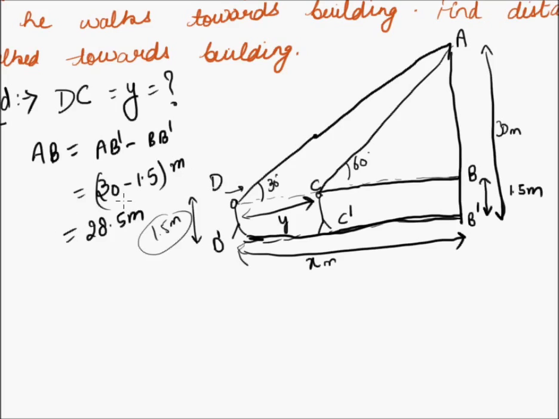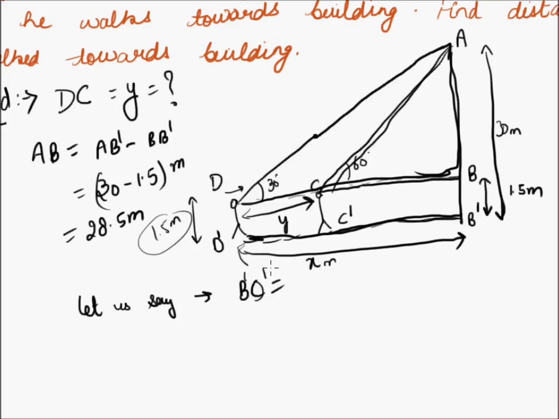Now let us resolve the question by two triangles. We have assumed BC, this B dash D dash, as x meters and CD as y meters.